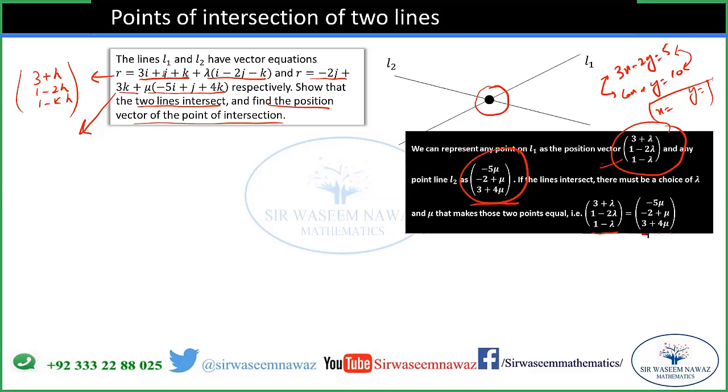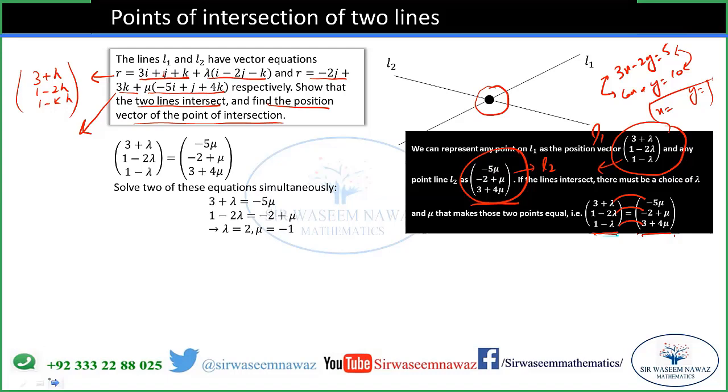We equate the column vector of the first line, L1, and the column vector of the second line, L2, and we solve them simultaneously. We have three equations here, the first, second and third. There are two variables, so we need only two equations.